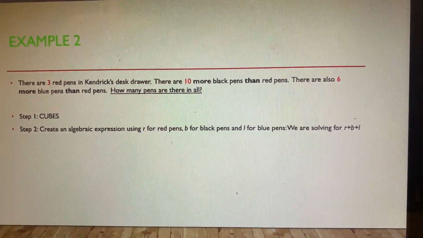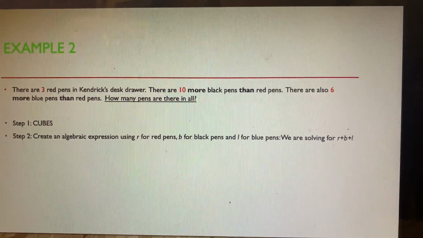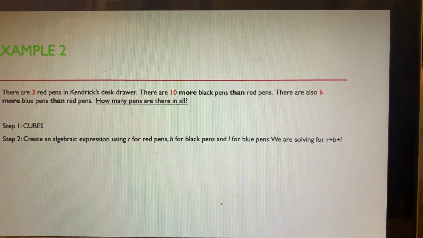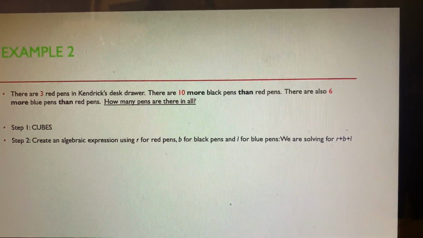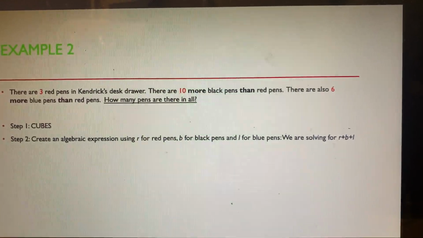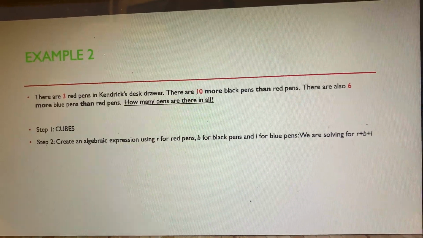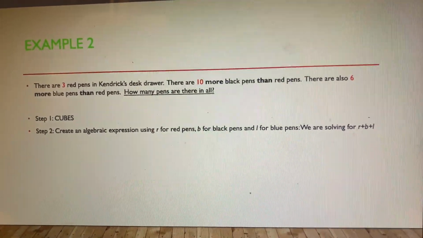Next, we're going to create an algebraic expression for the problem using R for red pens, B for black pens, and L for blue pens. We are solving for in all, which is addition, which will give us R plus B plus L. We're going to plug in our variables with the information we know.